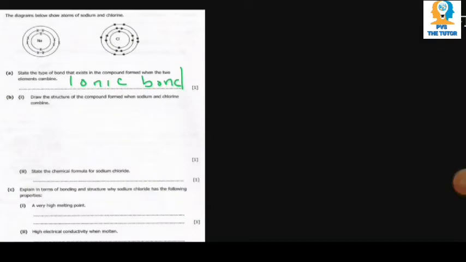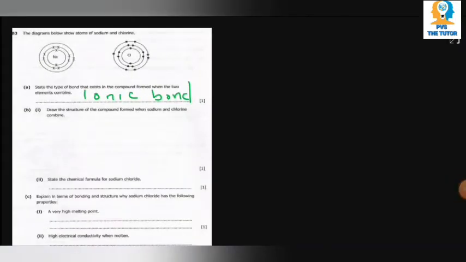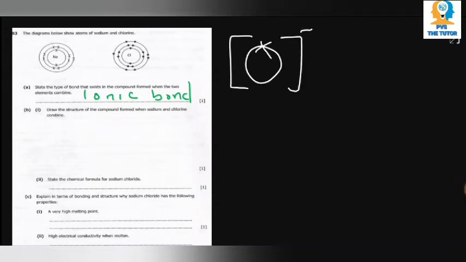So that's ionic bond. Now they're saying draw the structure of the compound formed when sodium and chlorine combine. In short, they're trying to say draw the compound sodium chloride. I'm just going to show the outer shells, of course. There's one electron in sodium outside there that will be donated to chlorine.